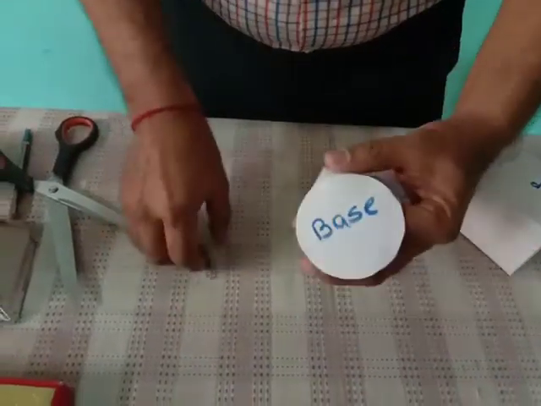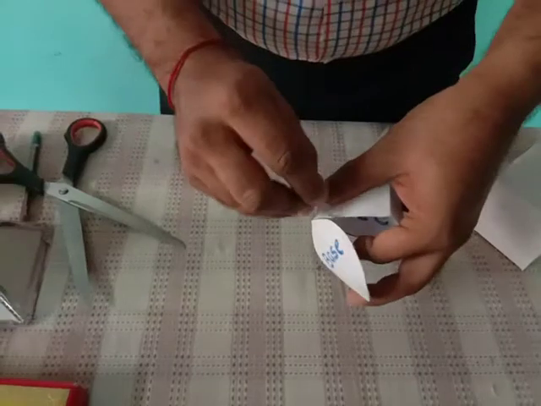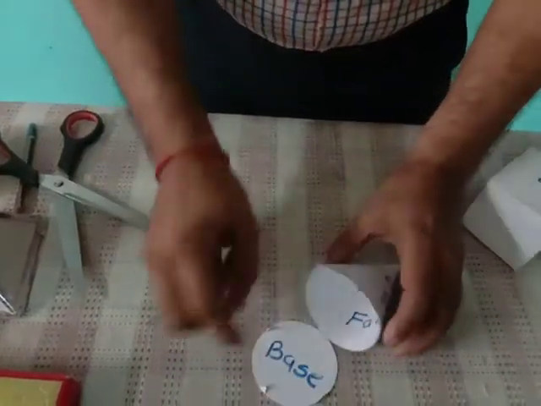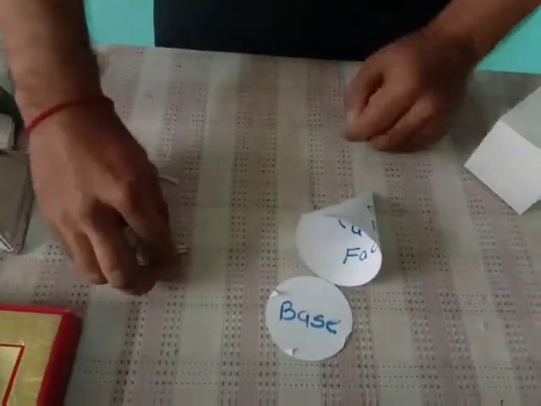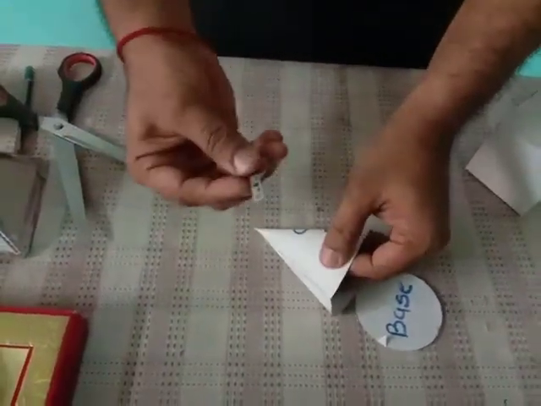So the base of a cone is completely in the form of a circle. Now let's open its curved face.